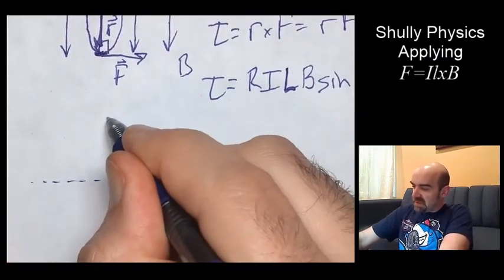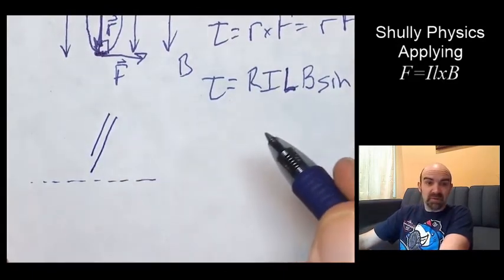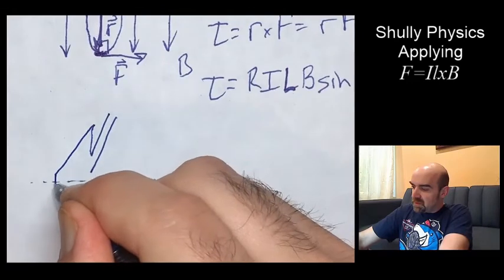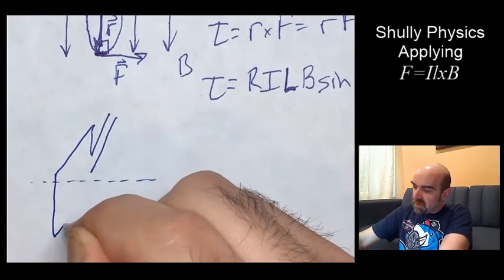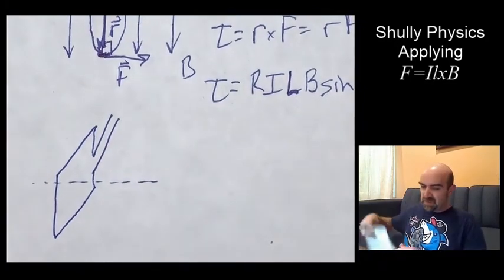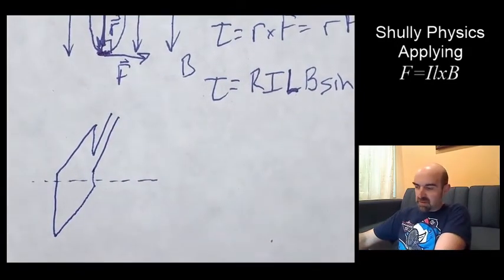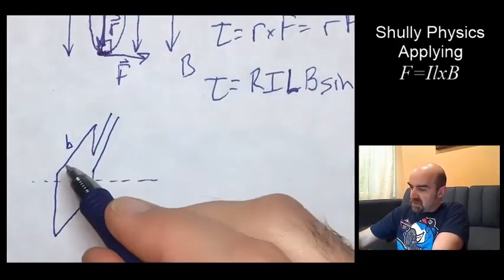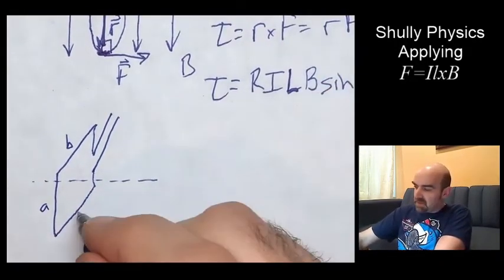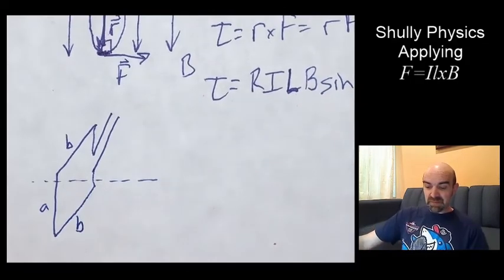So if I draw this again, or attempt drawing number 2 here, of a square loop, and it could be a rectangular loop actually, I'm going to use sides A and B. These two sides are of length B, and we'll say these are of length A. So this is also B down here.